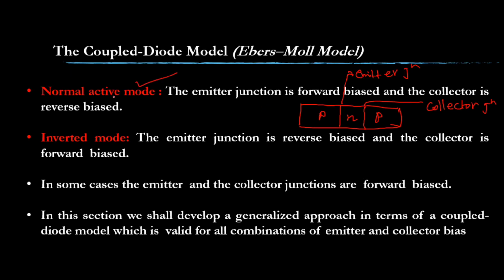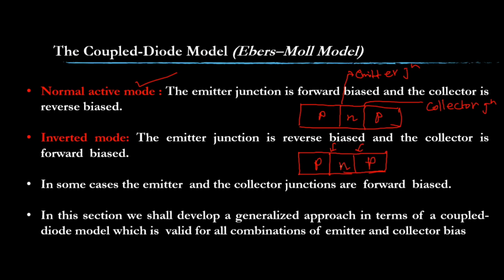Okay, what is inverted mode? If I invert the biasing condition, that means in the PNP, the emitter junction is reverse biased and the collector junction is forward biased. That is known as inverted mode.